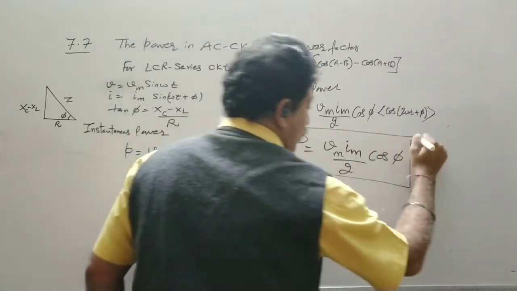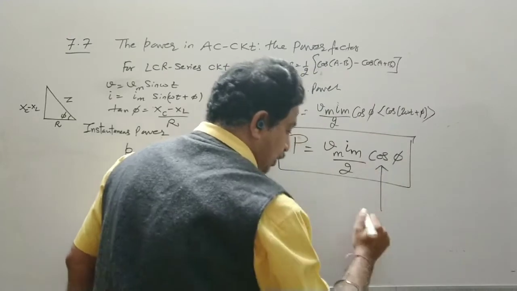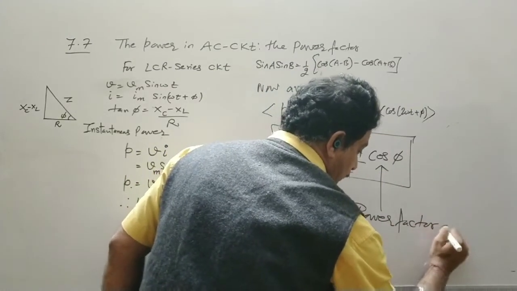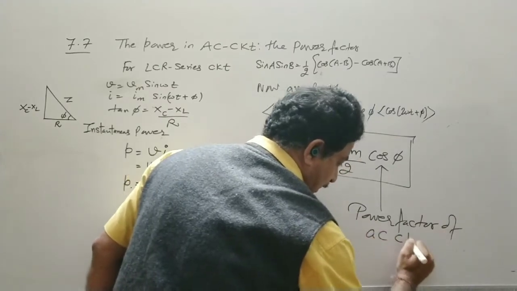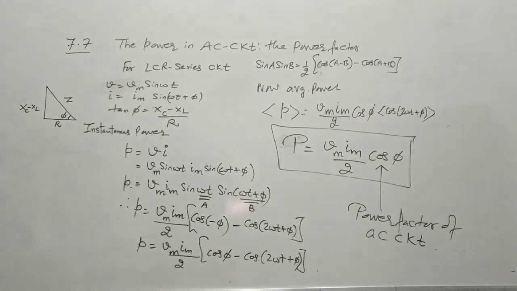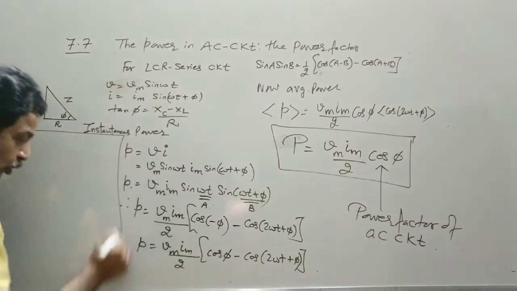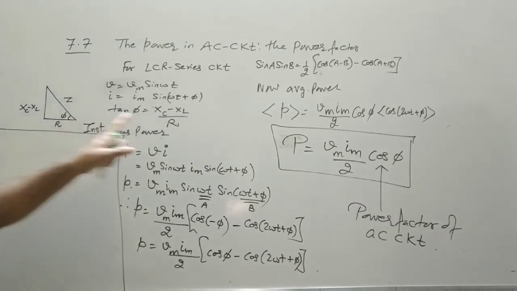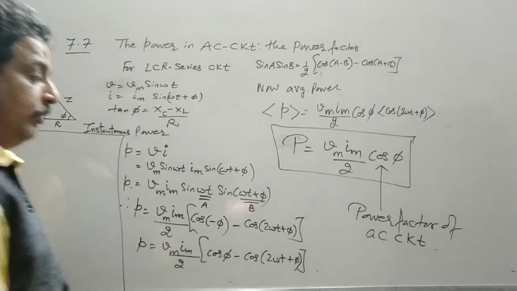So here we have a new term, that is cos phi. This is called the power factor of an AC circuit. So for any AC circuit we have cos phi. Now from the impedance triangle we can easily find out the value of cos phi.